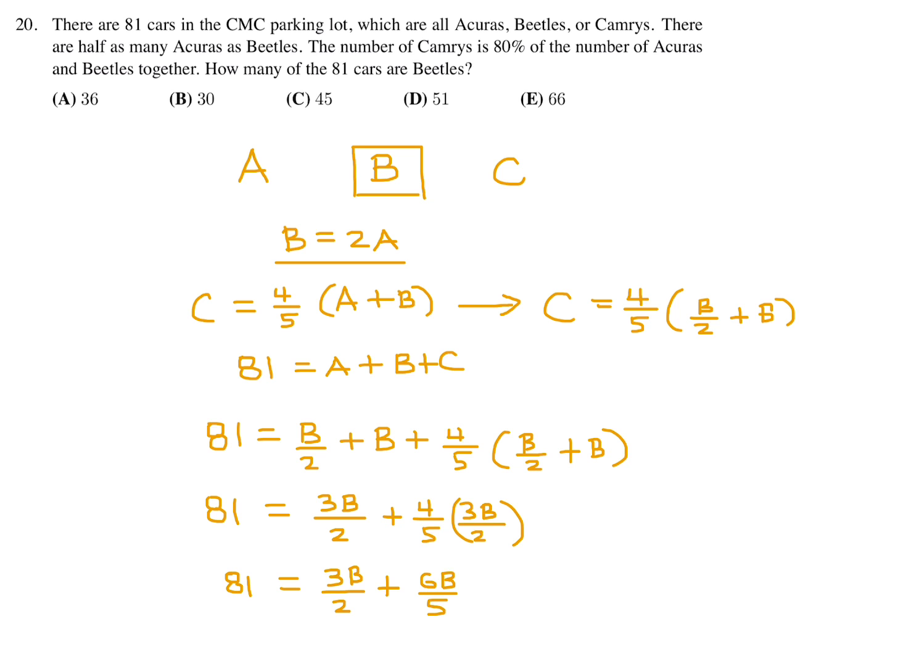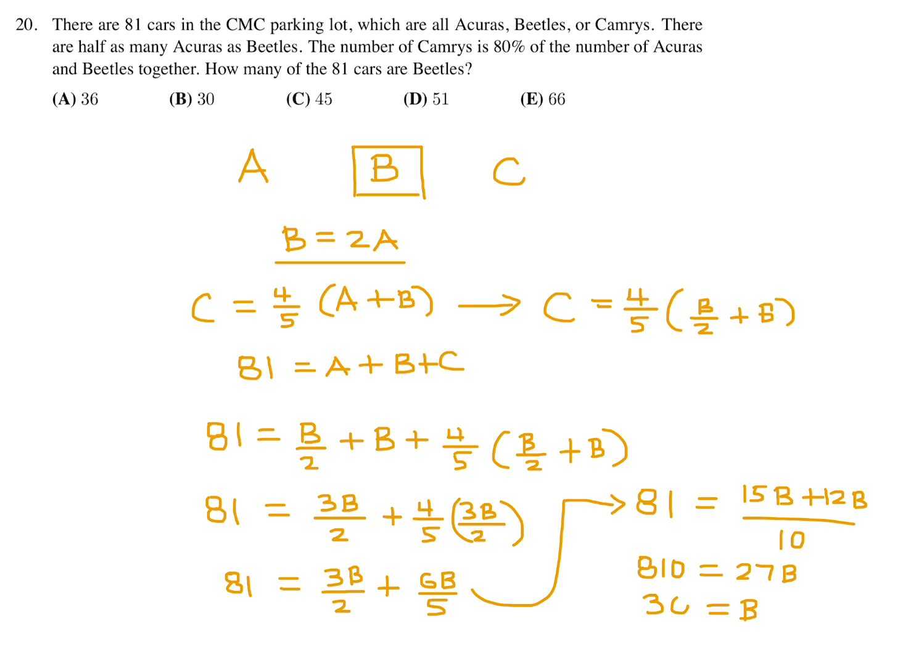All right, we got to get a common denominator. So let's see here, that would be 10. So that's going to be 15B and 12B. So 810, if I cross multiply, is 27B. And therefore B is 810 divided by 27, which is 30. So there are 30 beetles in the parking lot. And therefore number 20, the answer is B.